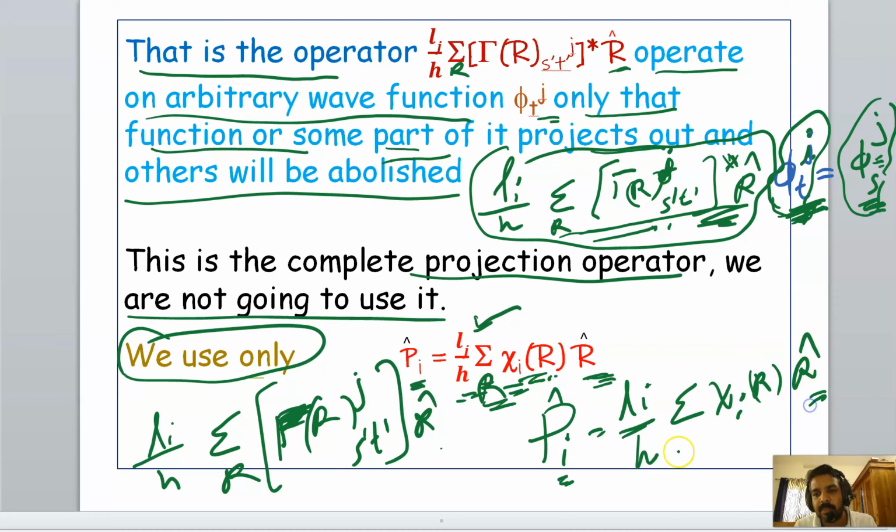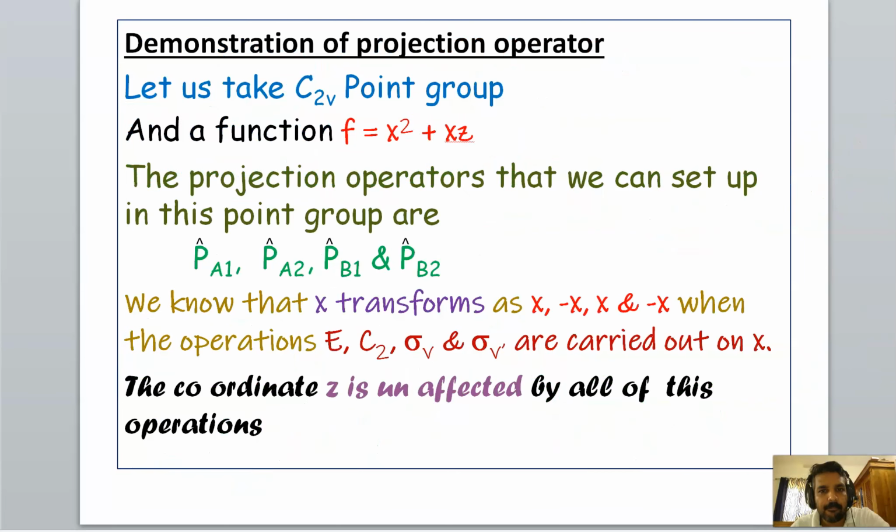R cap is the operator, chi I r is the character of the operator, summed over all the operators, and it is multiplied on any function phi ti. It projects out that part of the function which has the same symmetry as the operation. Clear?